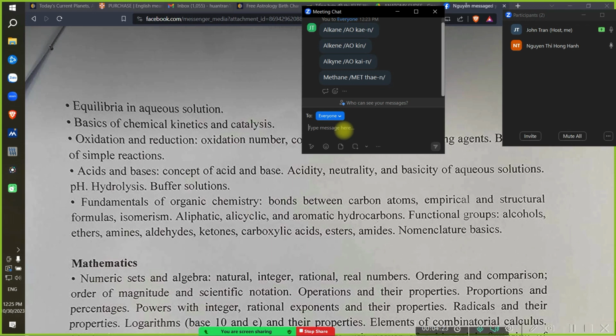Another example is ethene, C2H4. And then in the formula C2H2, we need a triple bond, and that is what we call an alkyne.